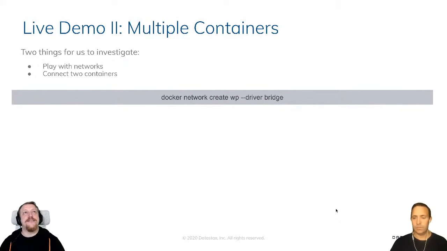And I said in the beginning that I can't really say running multiple containers is easy. And now you will see why. Because we are getting very close to live demo 2, and we are going to create a network using driver bridge. So it will be a user-defined bridge network to enable DNS settings on that.